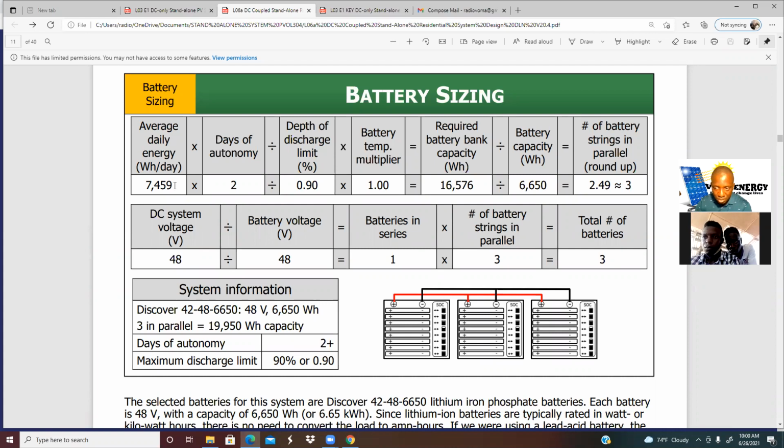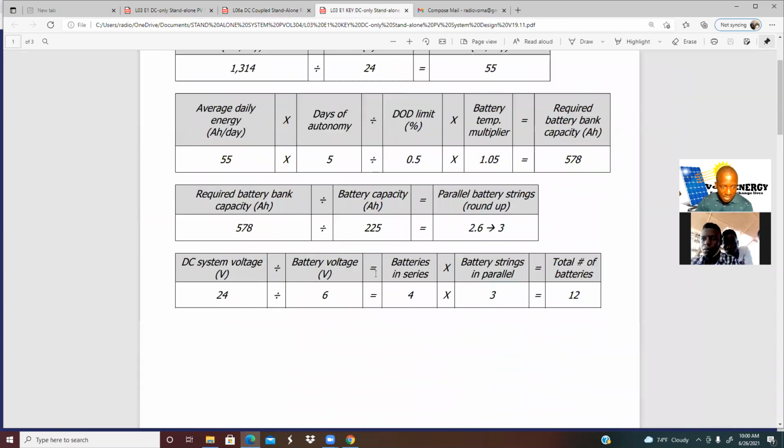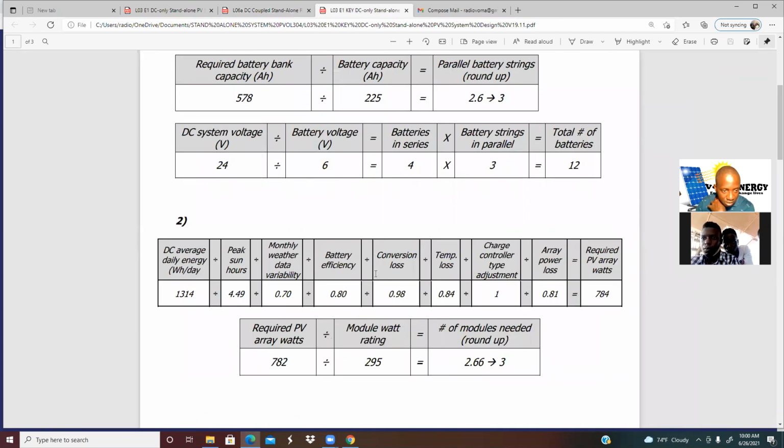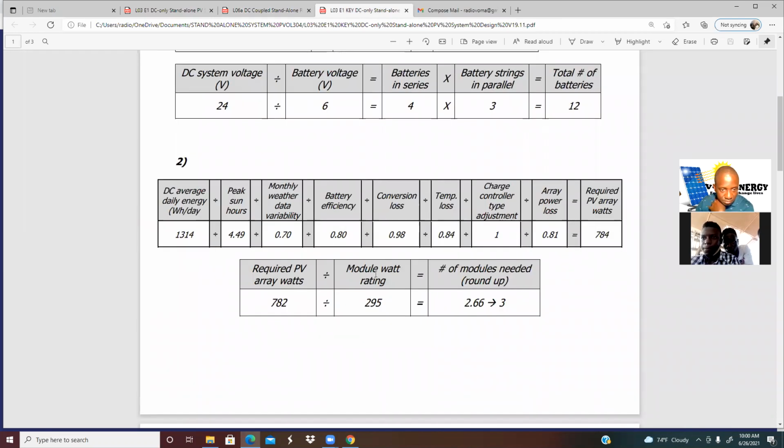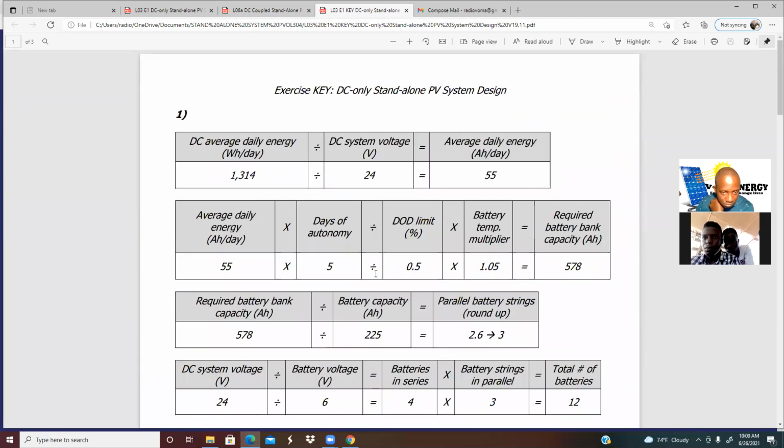The average daily energy is 7,459 watt-hours. For the days of autonomy, I'm going to go to my key here to show you the calculation I do. Average daily energy, this is just an example, is 55. The days of autonomy is 5. The depth of discharge is 50%.